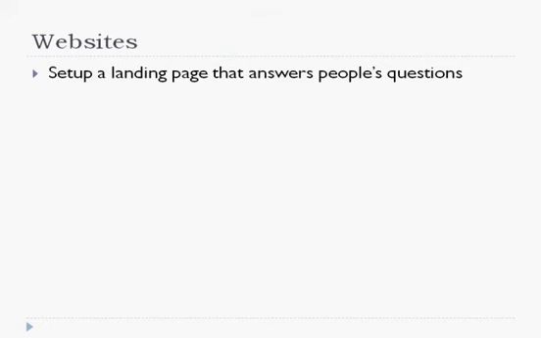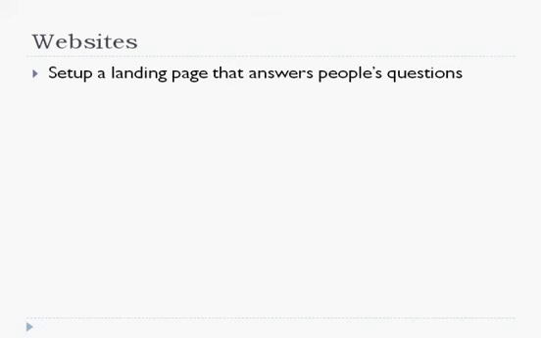So let's say, for example, that your headline is, I'm a webmaster and I'll show you how to rank top 10 in Google. So you want to set up a landing page that has a video either of you talking or perhaps of you explaining to people how they can rank top 10 in Google.